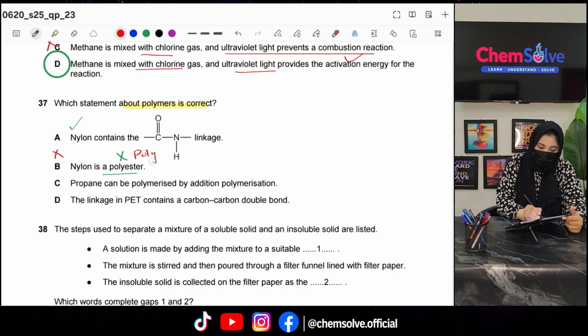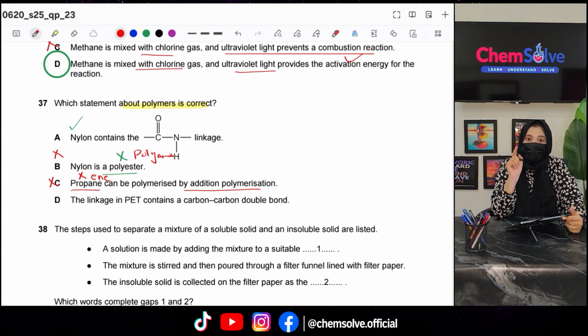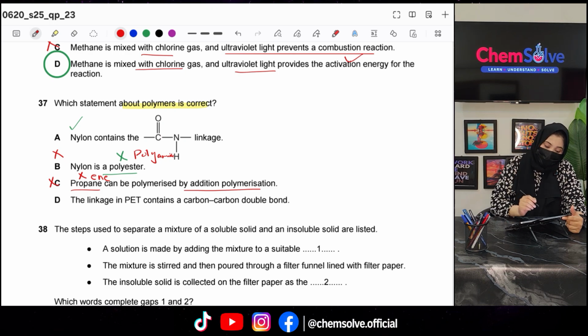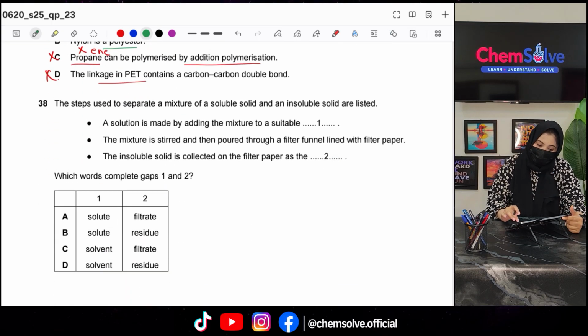Propene can be polymerized by addition polymerization. Alkenes are polymerized using addition polymerization. So D is also incorrect. So A is the correct option as per our discussion.